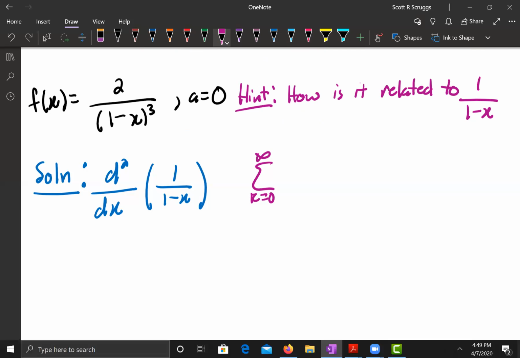Based on what you currently have so far, what do you have as your Maclaurin series for 2 over 1 minus x cubed?